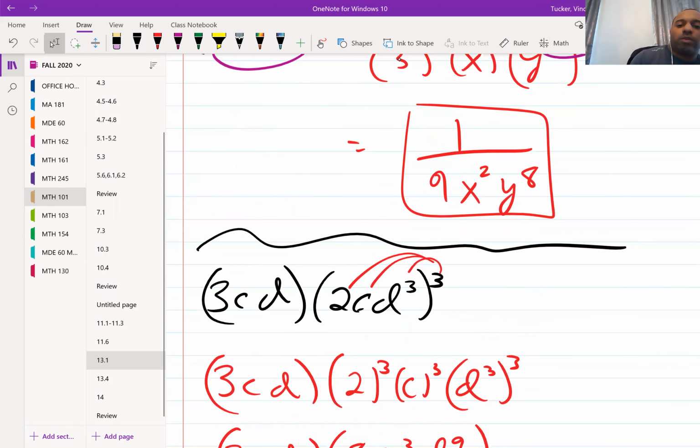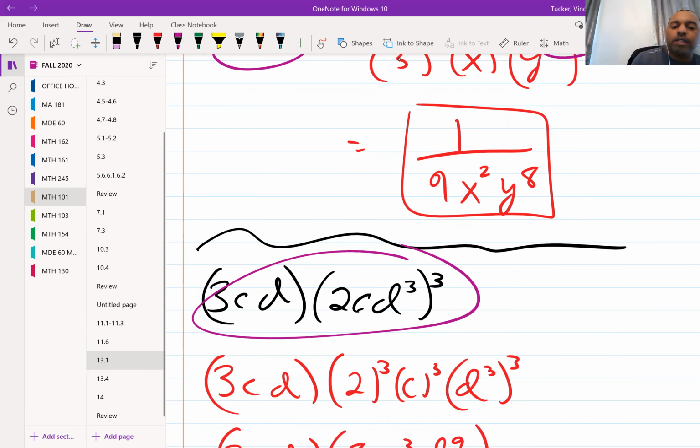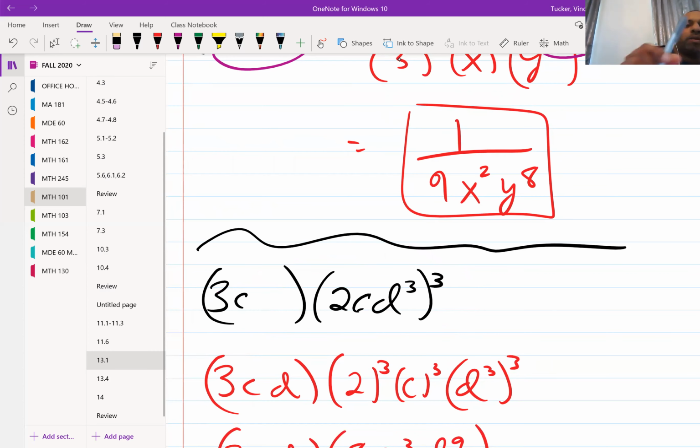All right, so here, 3cd times 2cd cubed, raised to the 3rd power. All right, so this cube needs to be applied to each term in that parentheses that preceded.